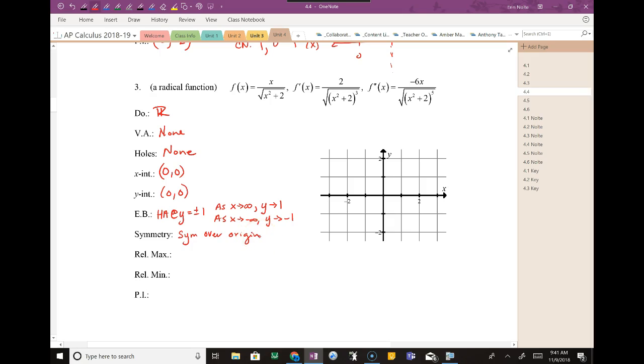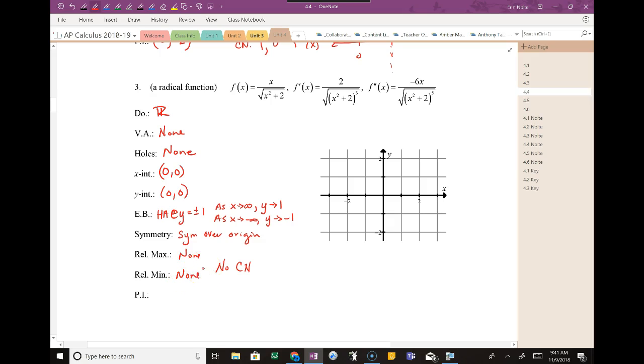For the relative max, if I set the first derivative equal to 0, top isn't going to equal 0, bottom isn't going to equal 0, no critical values. So no max, no min.